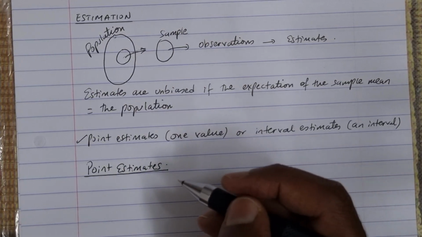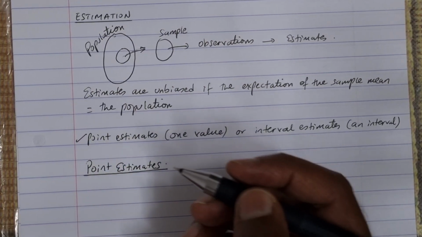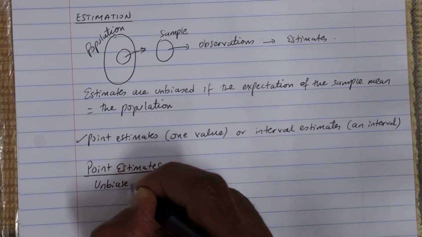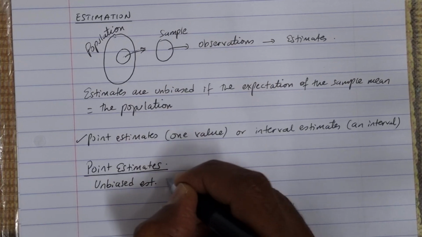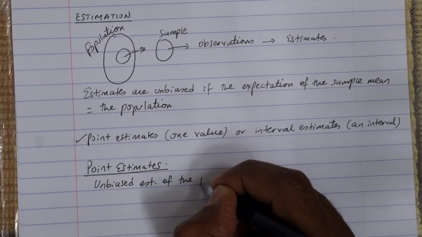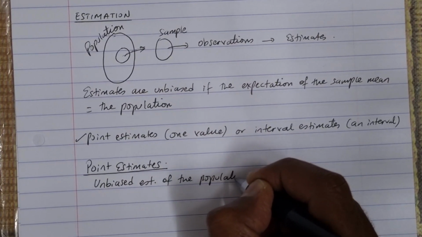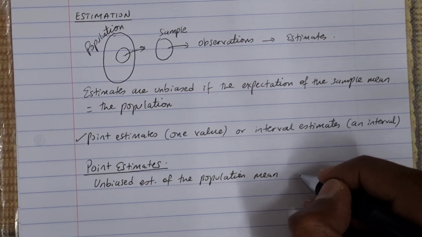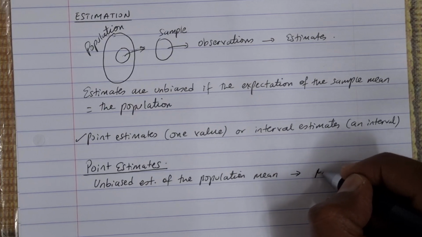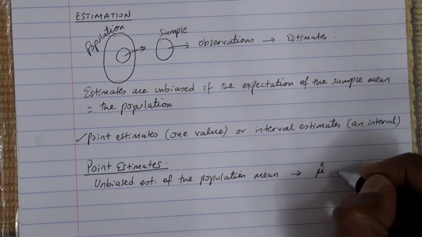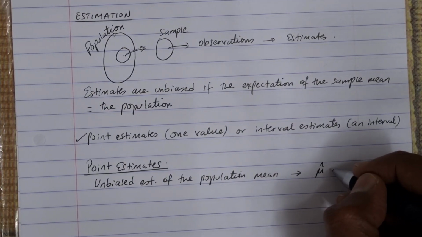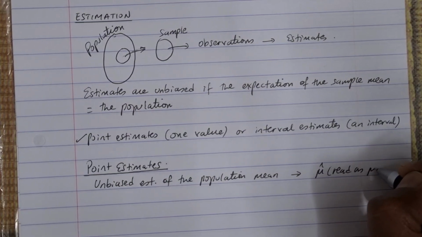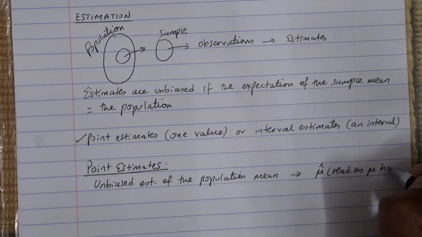We actually have what we call the unbiased estimate of the population mean. This is denoted by the symbol mu hat.